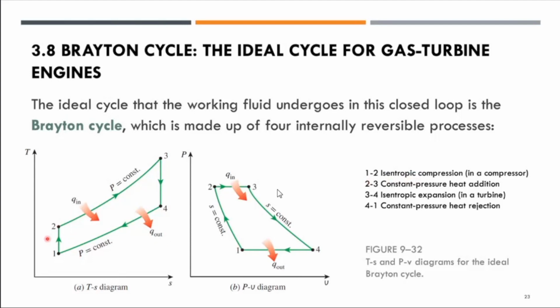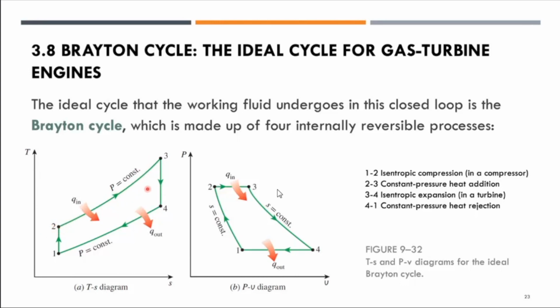This is happening at the compressor. Okay, pressure increases. And you can see here, the pressure increases from 1 to 2, right? And then from 2 to 3, constant pressure heat addition, okay?